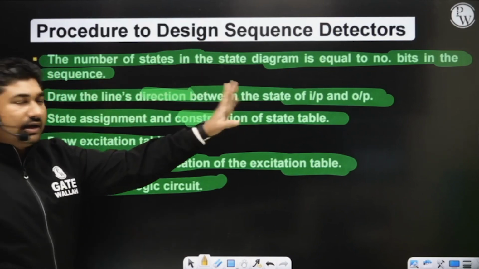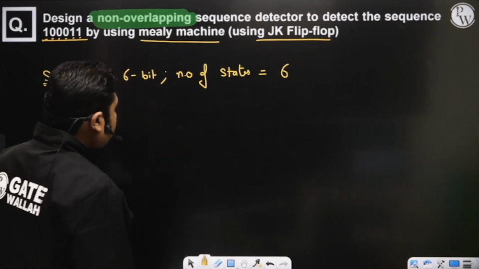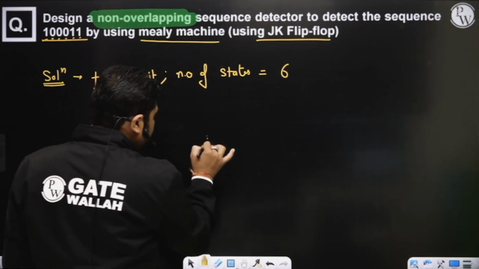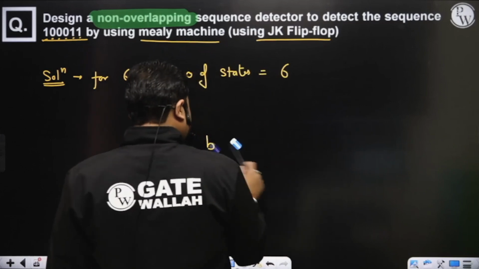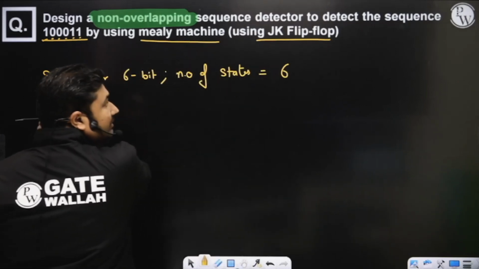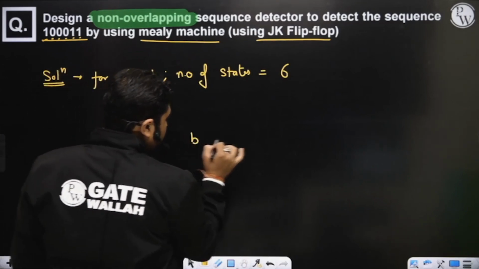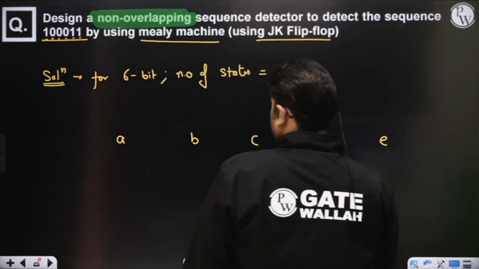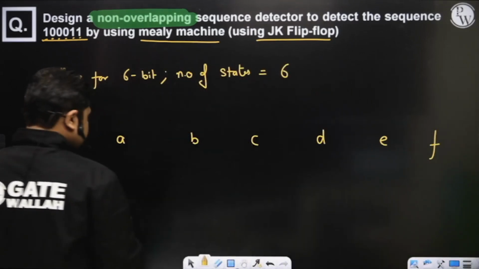Next, we need to draw the state diagram. Now 6 different states. So I am representing here A, B, C, D, E. So we have total 6 different states.